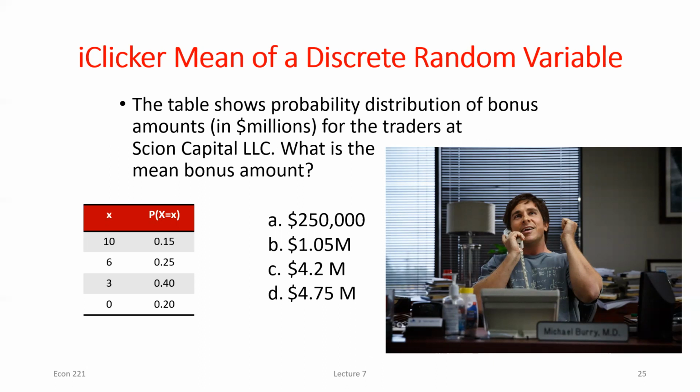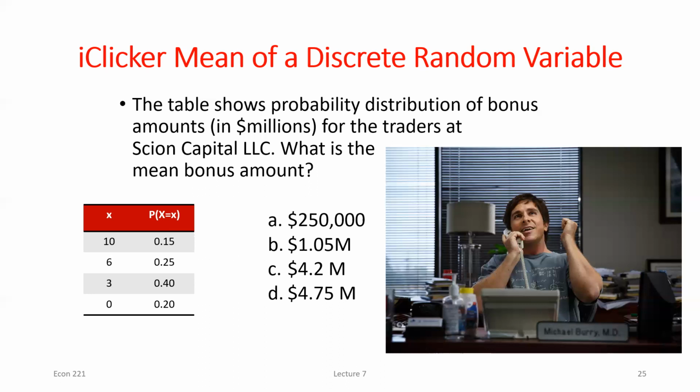Right? So we said now our weights are our probabilities. All right, and this is all we need to do to find the mean. Okay, so if I've got some individual, they're going to get a certain bonus. I know they're either going to get 0, 3 million, 6 million, or $10 million, right? I'm trying to drop in the zeros here just to keep it a little bit easier. And then there are different probabilities associated with seeing those different bonus amounts.